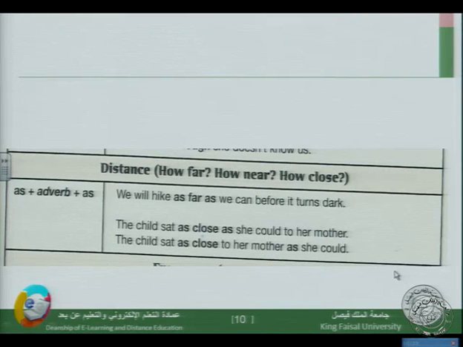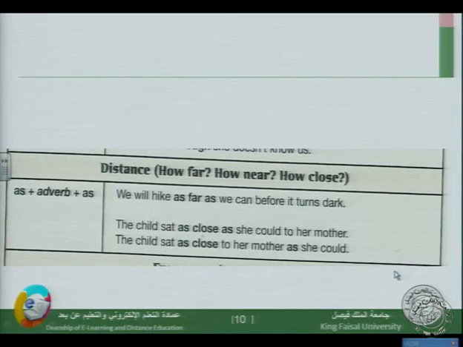Also, these conjunctions are used to ask about distance: how far, how near, how close. We ask about distances with them. We will hike as far as we can before it turns dark. So what do you ask? How far will you hike? What should the answer be? As far as we can before it turns dark.